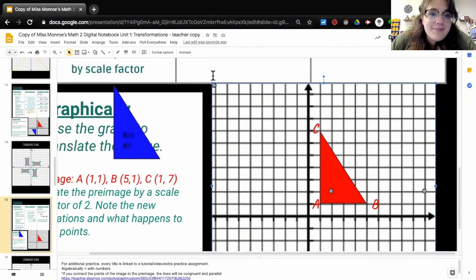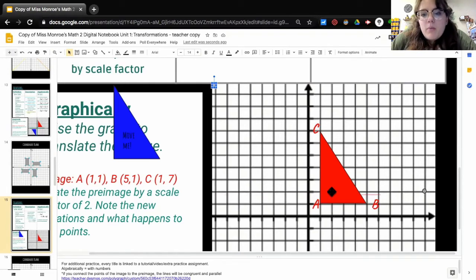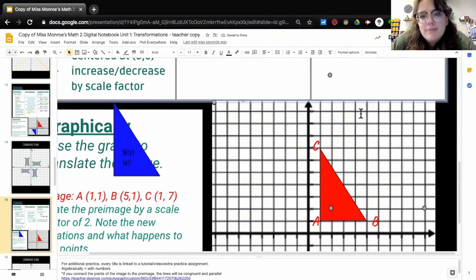So let's plot it anyway. 1 times 2 is 2. 1 times 2 is 2. 7 times 2 is 14. So I'm going to count up 1, 2, 3, 4, 5, 6, 7, 8, 9, 10, 11, 12, 13, 14, which is going to be at the very tippy top of this page.